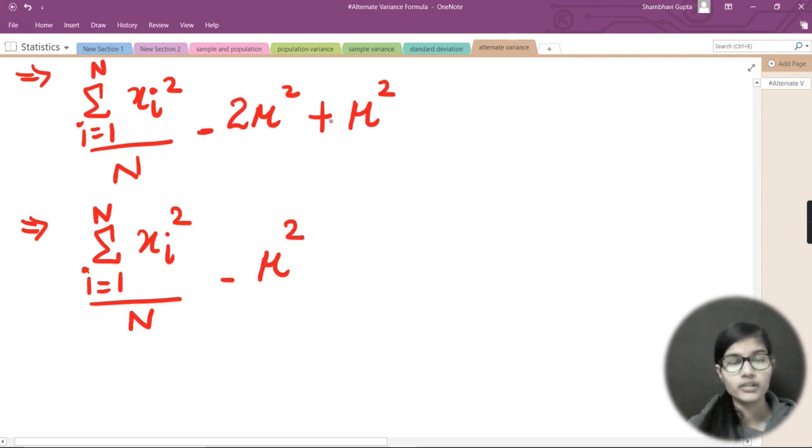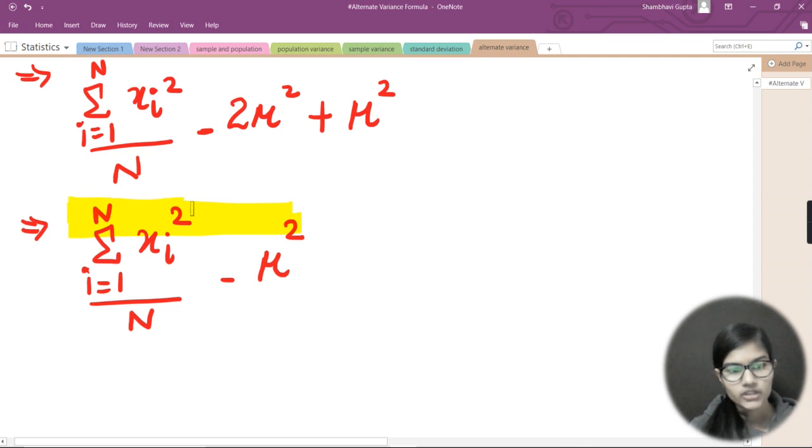Because when we subtract these things, I get this minus sign and then I will be getting this mu square. So this is another formula for our population variance. This one is the second formula for population variance.